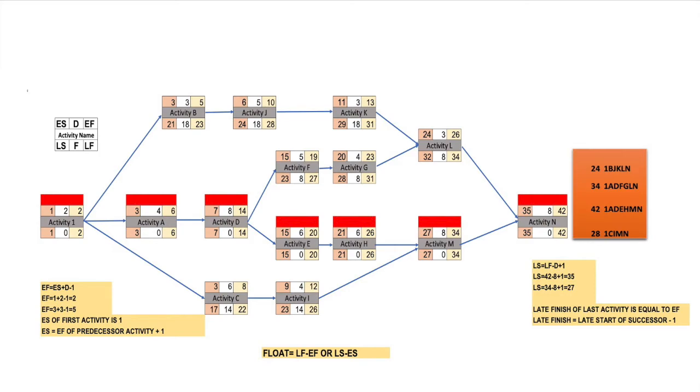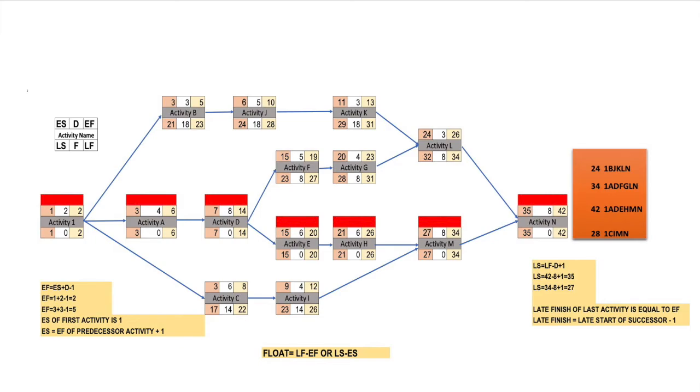And the formula we use for late start is late finish minus duration plus 1. So as you can see, activity N has 42 days as a late finish, minus 8 days duration plus 1 is equal to 35. Activity M, 34 minus 8 plus 1 is equal to 27 days.